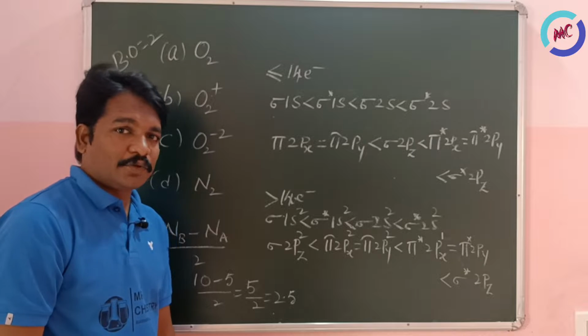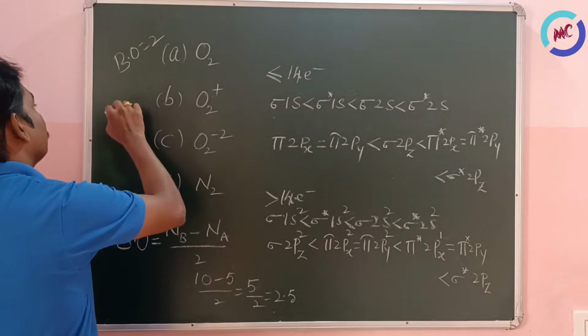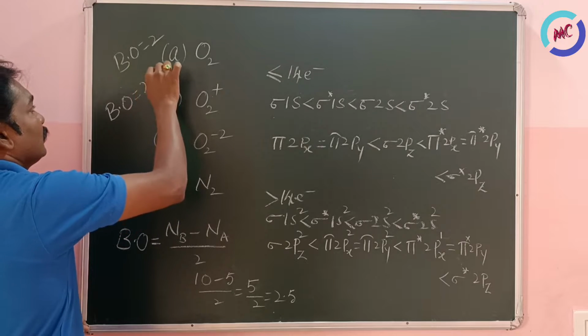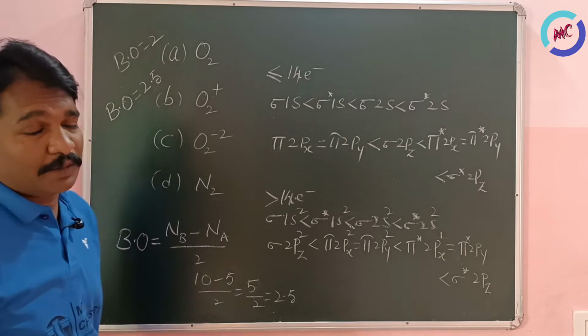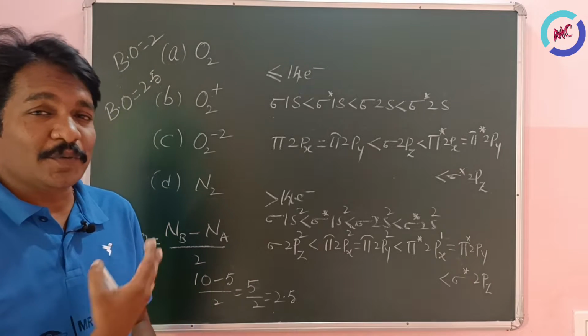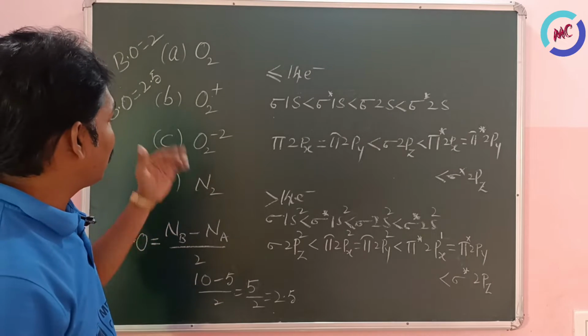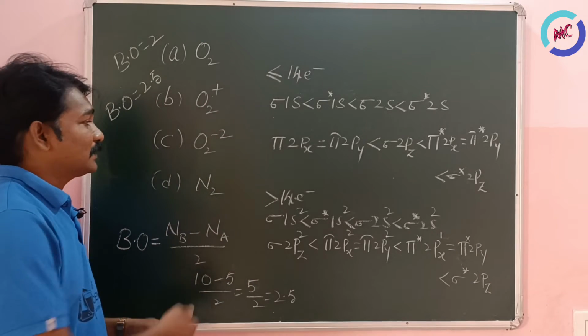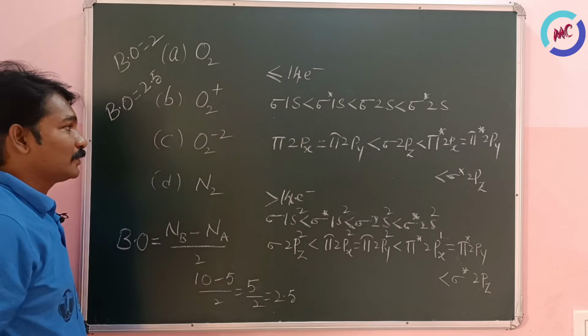The bond order is 2.5. I think this is our answer, because they are asking which one has fractional bond order. Already we got that one, fractional bond order 2.5 for O2 plus. Then we will check for the remaining things also.